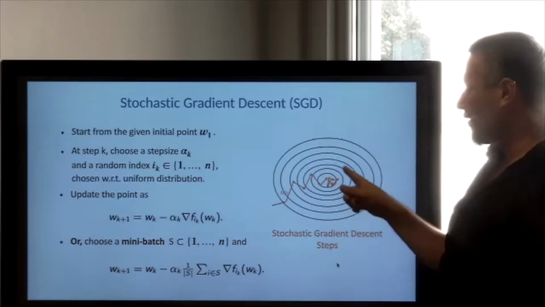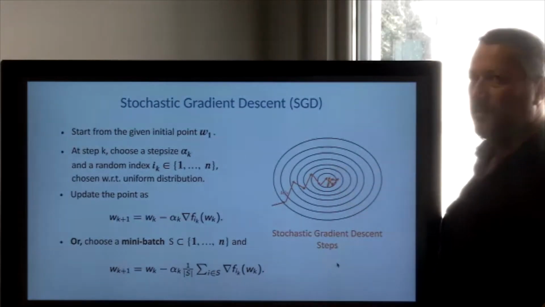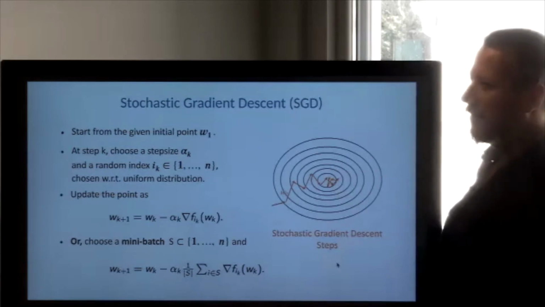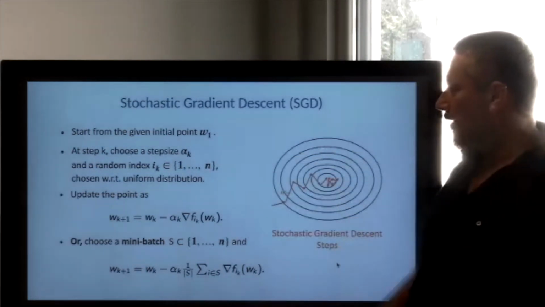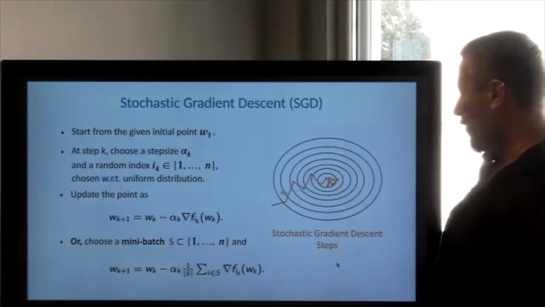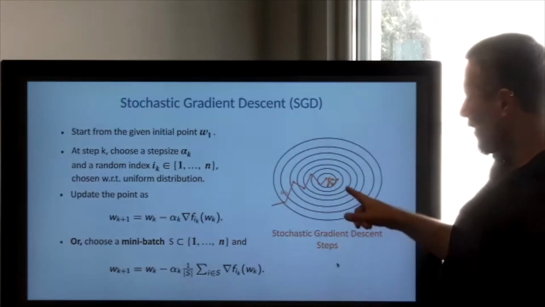Then it will really wander around, depending on how you choose the step size alpha k at those iterations.